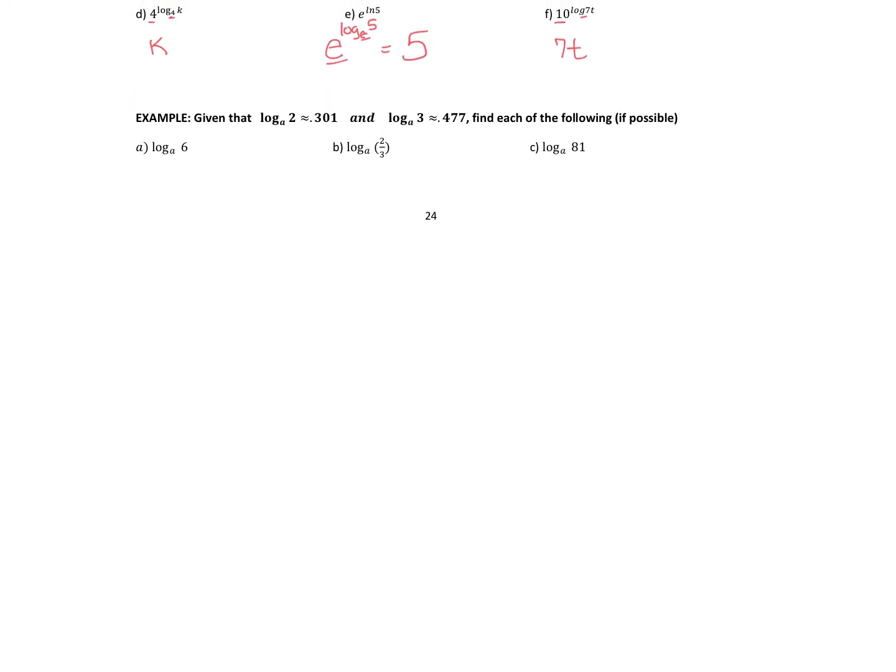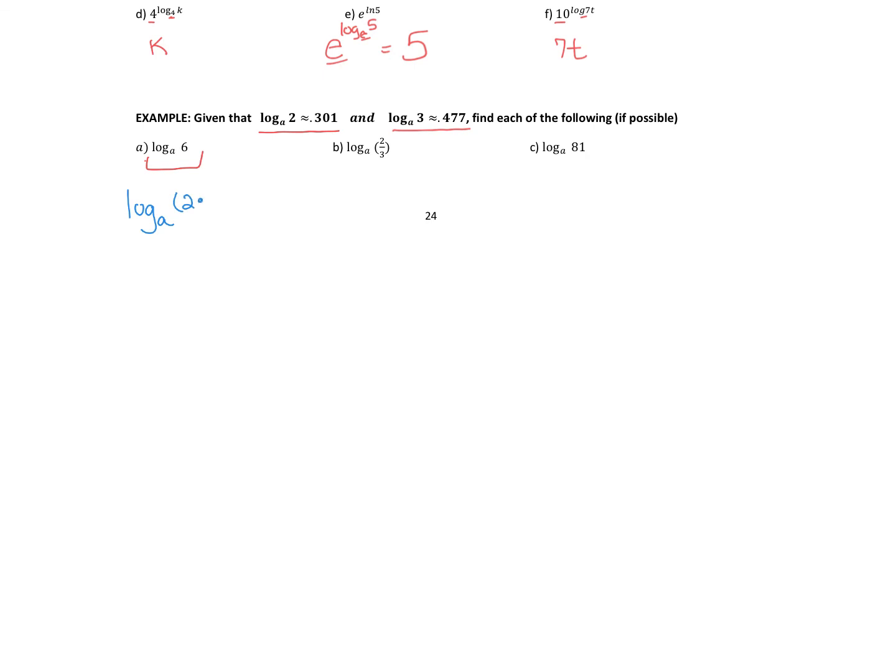Something else you may see in your homework is to expand expressions using given information. So in this case, we're told that log base a of 2 is approximately 0.301 and log base a of 3 is approximately 0.477. And we're asked to evaluate log base a of 6. So we need to rewrite log base a of 6 using only 2's and 3's.